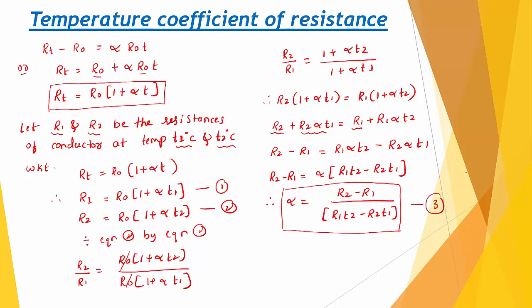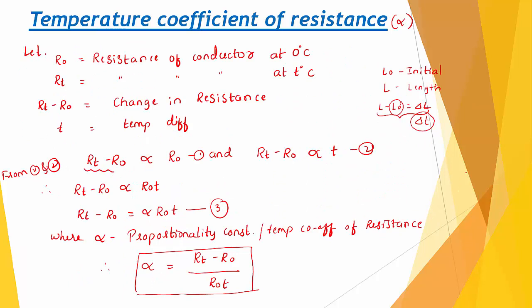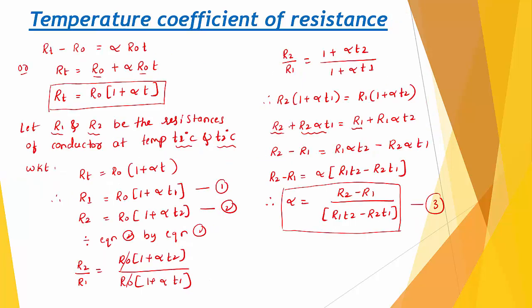So you can observe these two equations. Here we got alpha equal to Rt minus R0 divided by R0 t. Here we consider the initial temperature as 0 degrees Celsius. So we got this equation. When we are using temperatures like T1 and T2 degrees Celsius, we can use this equation 3, alpha equal to R2 minus R1 divided by R1 T2 minus R2 T1.